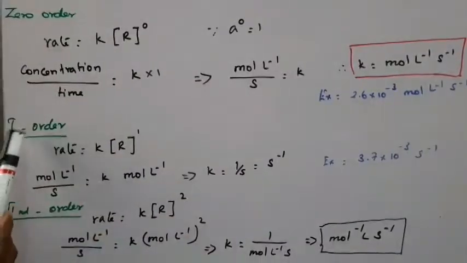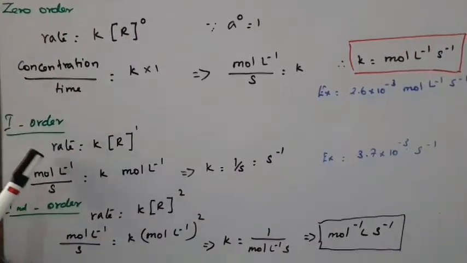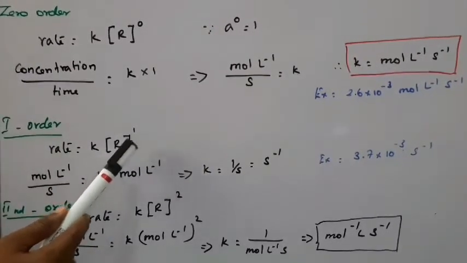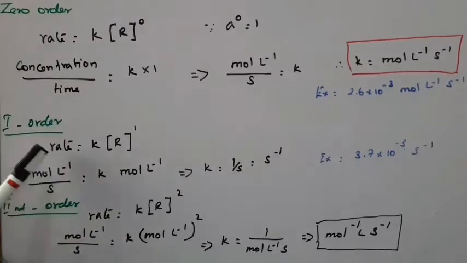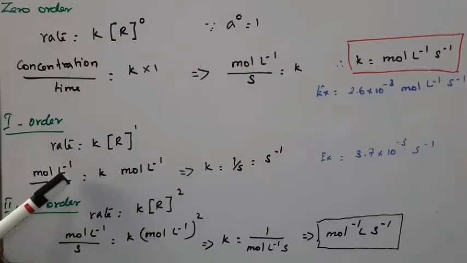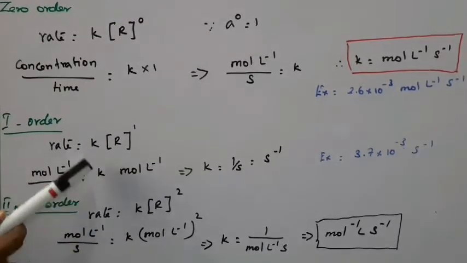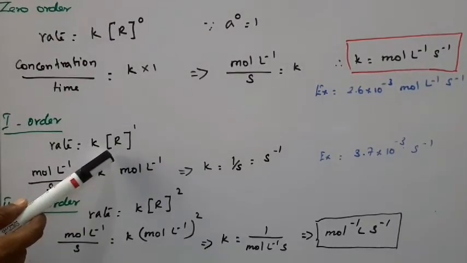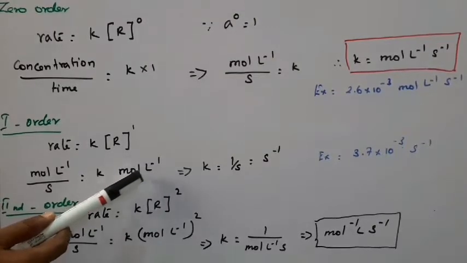Next, first order. What is the first order? Rate equal to rate constant times the concentration of reactant raised to the power 1. So the rate is mole per liter per second, and the concentration has the unit mole per liter.